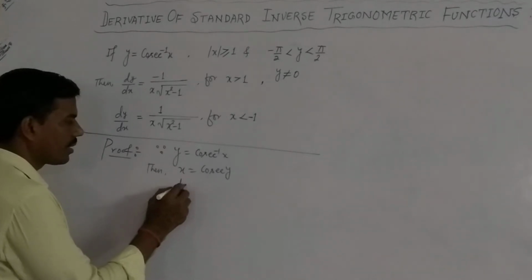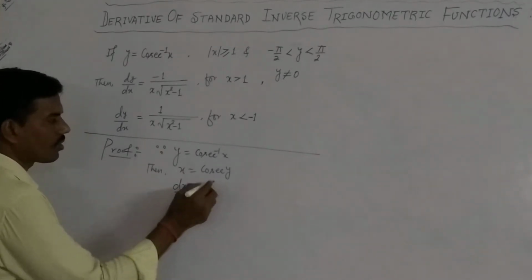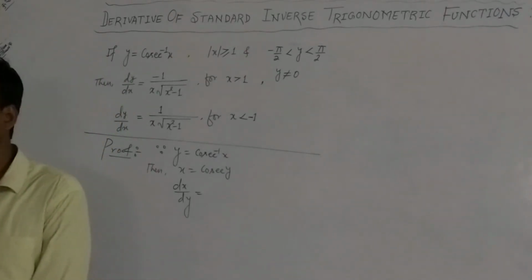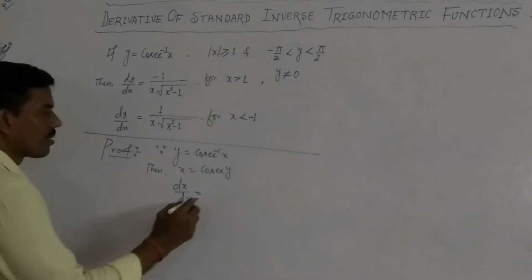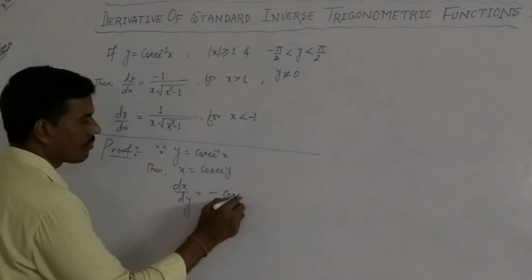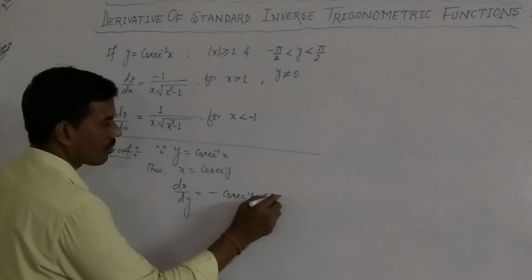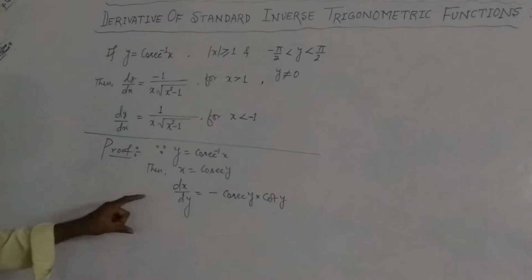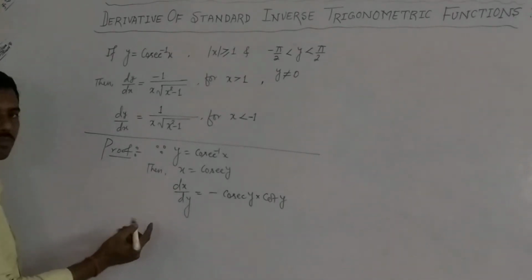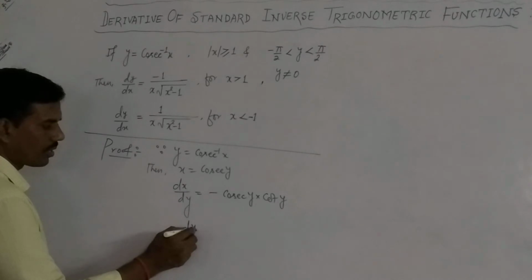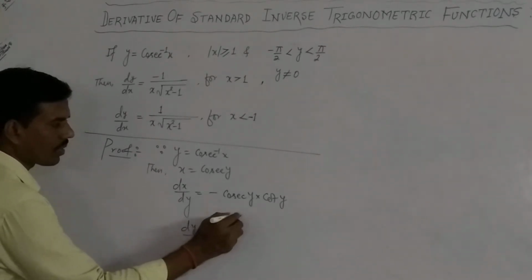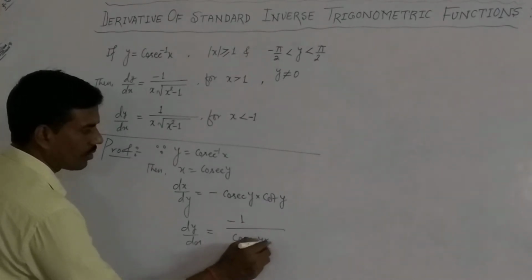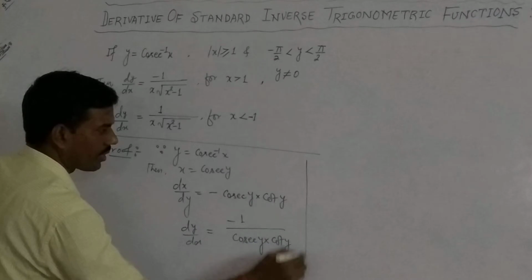We get dx by dy equal to the derivative of cosec y with respect to y, which is minus cosec y into cot y. Since we have to find dy by dx, taking the reciprocal of this term, we have dy by dx equal to minus 1 upon cosec y into cot y.